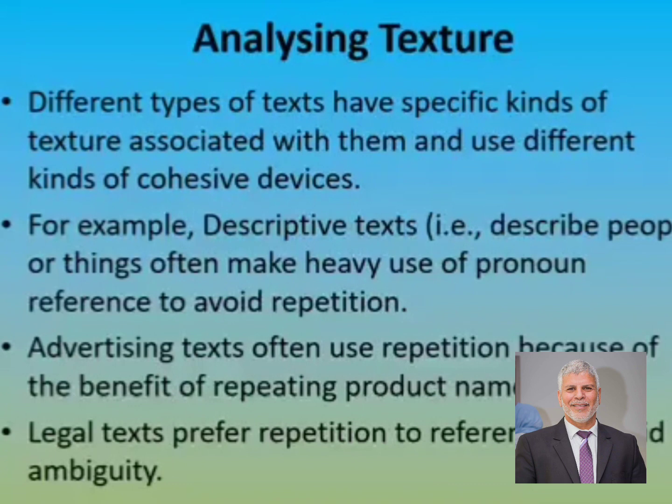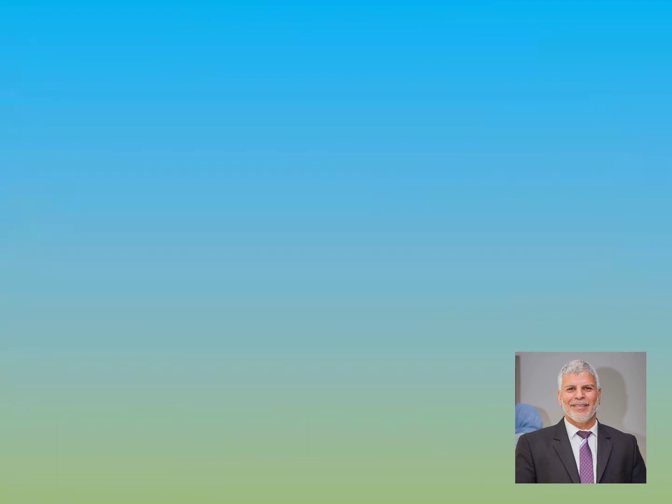We don't use pronoun reference. Why? To avoid ambiguity, because every word in legal texts should be clear. Every word should be precise, and using pronoun reference might confuse the reader, and therefore that thing is avoided in legal texts. They prefer to repeat the names instead of using pronouns.